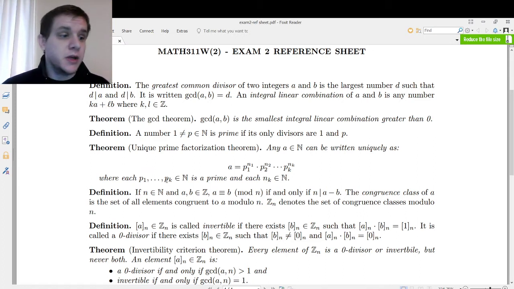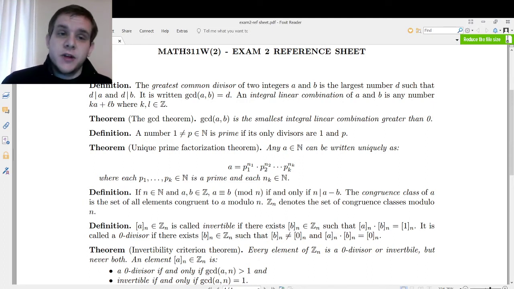So you need to explain what theorems you're using to be able to make your computations. So without further ado, we can go into the review sheet here.